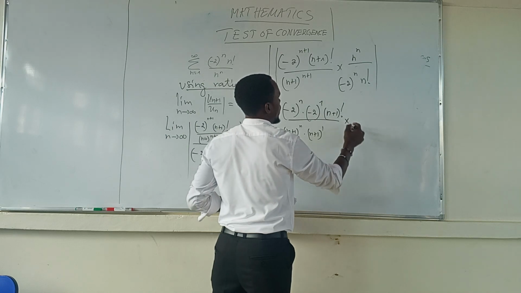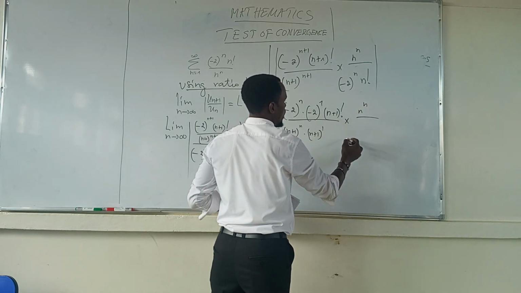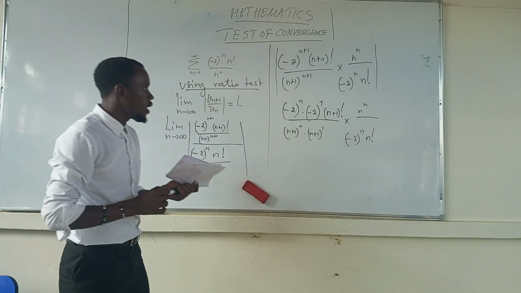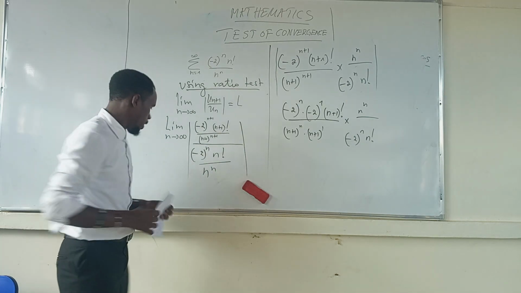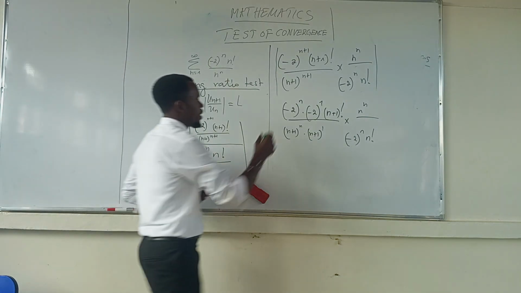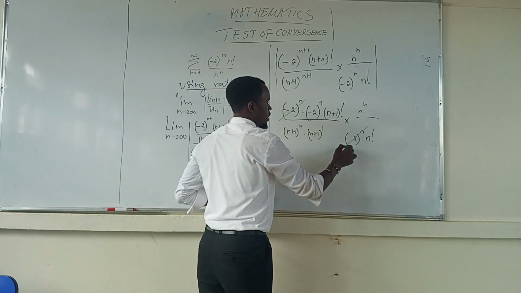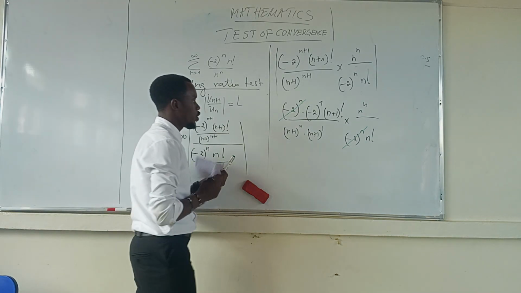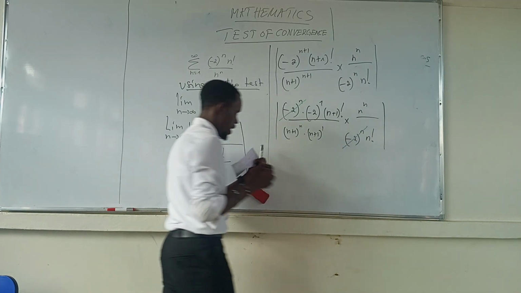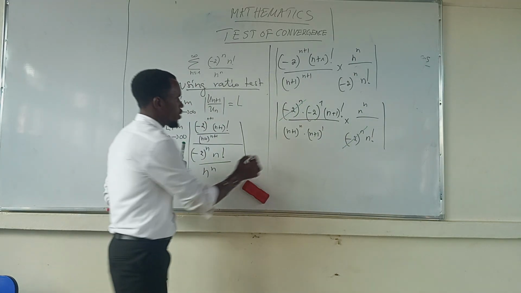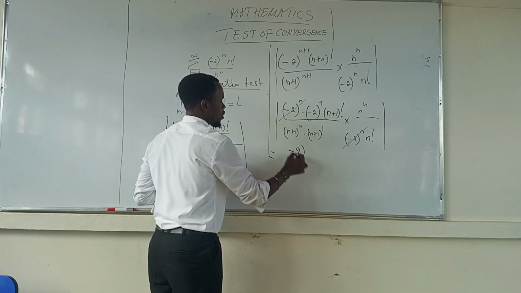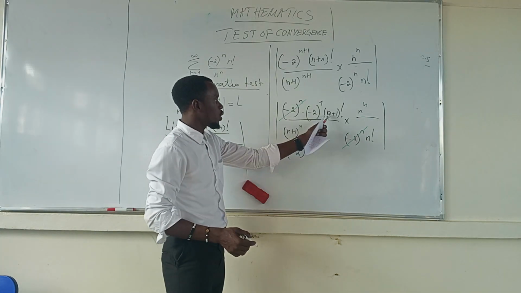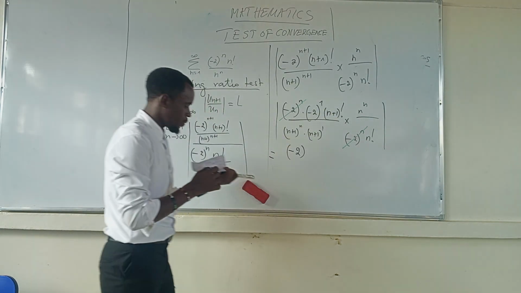Then I multiply by n power n over negative 2 to the n times n factorial. If you observe carefully, you will see that this and this will be simplified. And of course, with my absolute value, I will remain with the negative 2. The power 1 doesn't make sense to even write, and you come to n plus 1 factorial.